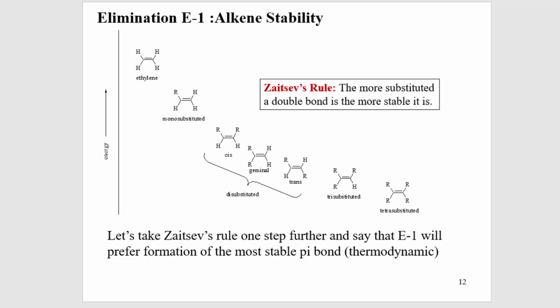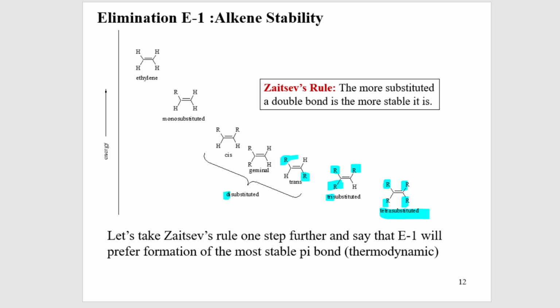So a tetrasubstituted, right, having 1, 2, 3, 4 carbon type alkyl groups around a double bond is better than a trisubstituted, which has only 3 R groups around. Doesn't matter the order either, just does not matter. What you'll notice is that all of the ones in the middle are disubstituted.